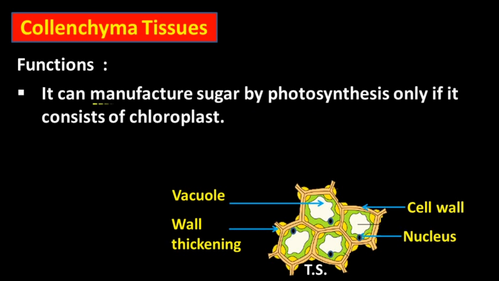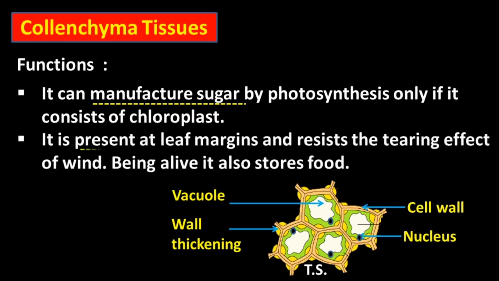It can manufacture sugar. Collenchyma का function है manufacturing sugar by photosynthesis only if it consists of chloroplast. अगर इसके अंदर क्लोरोप्लास्ट है तो ही photosynthesis होगा. Mainly it synthesizes sugar.